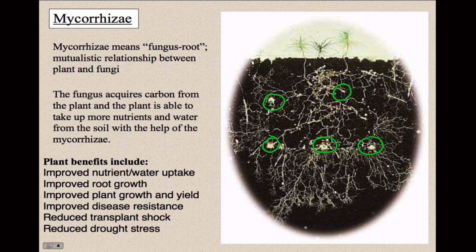And the fungus acquires carbon from the plant. So this is helping both the fungus and the plant. And without these particular fungi here, these plants would not grow as well. So we find that they're more productive when this fungus is there and available.